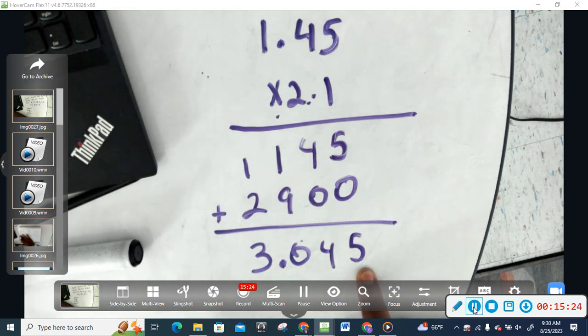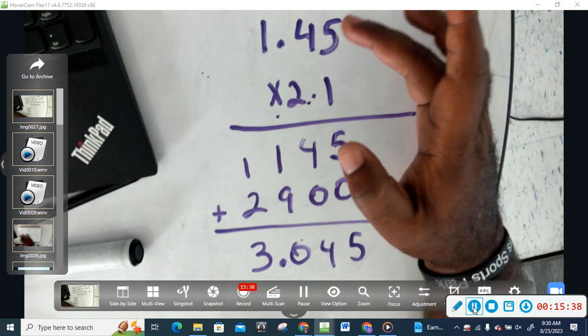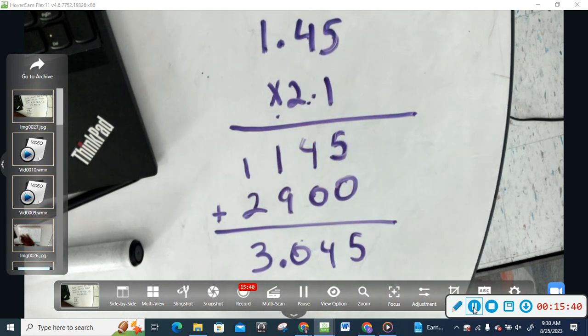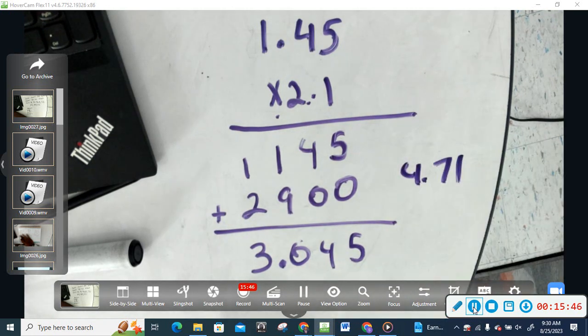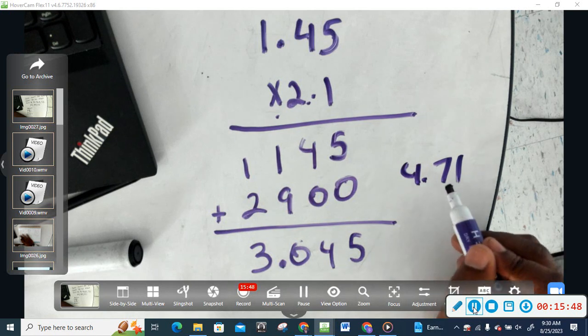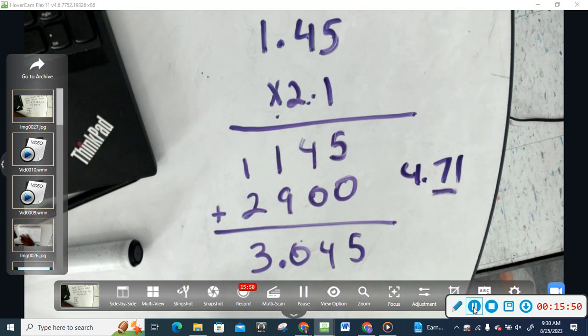So that's an easy process of elimination right there. Make sure you pay attention to that. It'll save you some time if you do get stuck and you miss a certain step in this. If you have to guess on it, you can look at that. 1, 2, 3 numbers behind the decimal, so my answer choice should reflect that. So if I see something like 4.71 as an answer choice, that's out because I only got 2 numbers behind the decimal. All right.